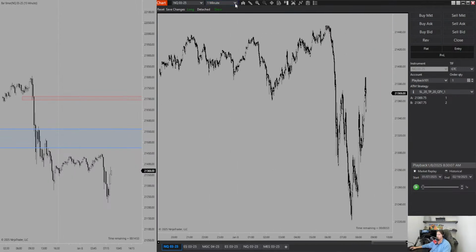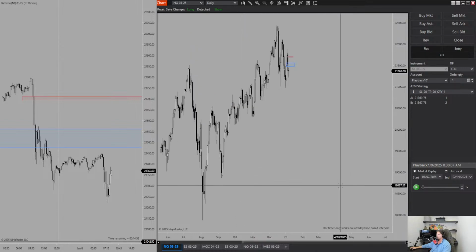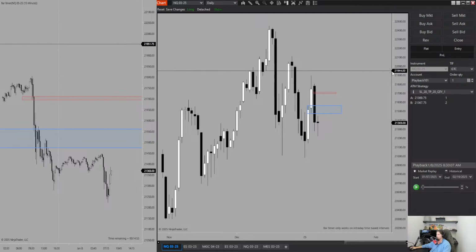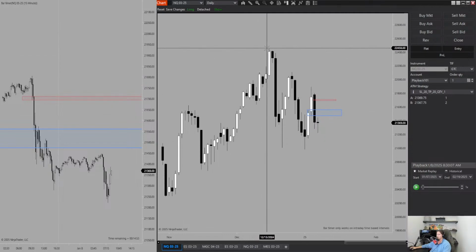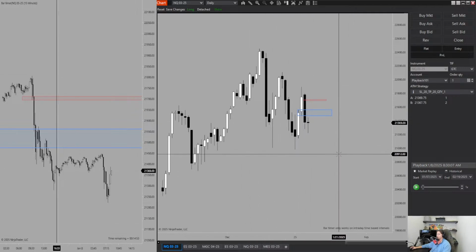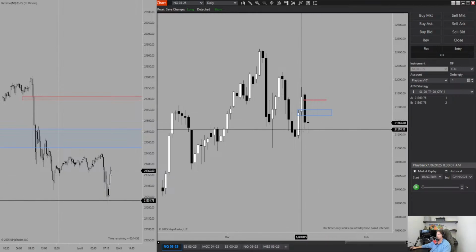But if we look at our daily chart here, we'll go through the higher time frames. We can see with the daily, we're kind of creating a bull flag here as we're retracing down. Really, the question is, are we going to get one more drive down into this low? It kind of looks like that, but this is a tricky spot because we did swipe liquidity, but we didn't take the high.